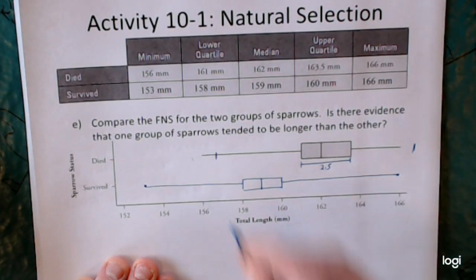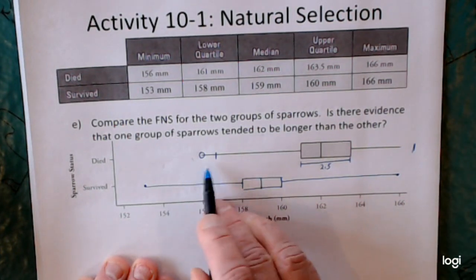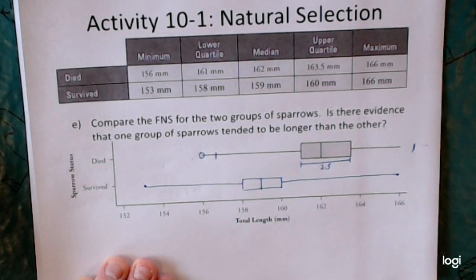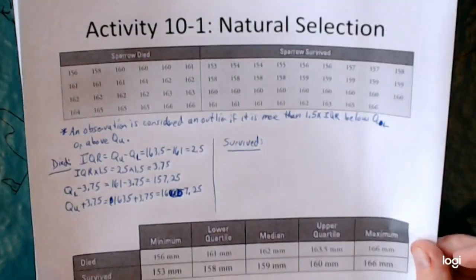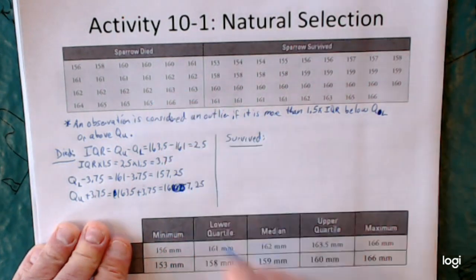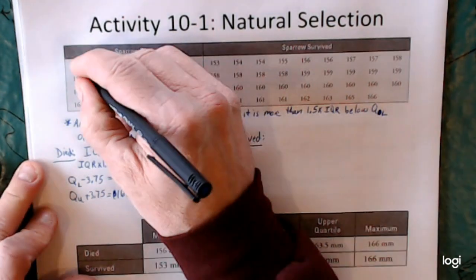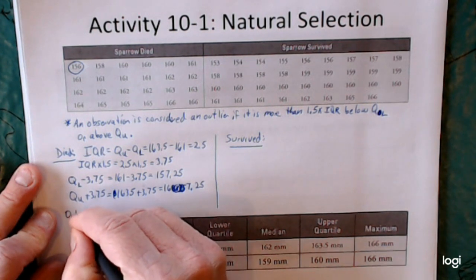Now you can see here's an observation that's extreme. It's outside the bounds. There's no outlier on the upper side, but there's an outlier on the lower side. Any observation lower than 157.25 among the sparrows who died is an outlier. There's a guy at 156, so he's an outlier. He's the only outlier among the sparrows who died.